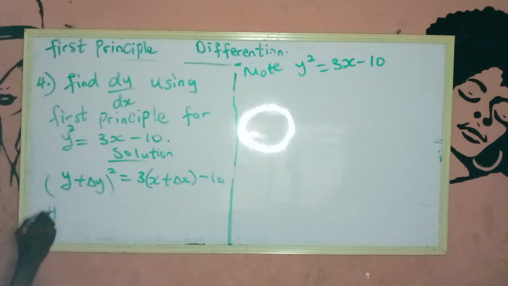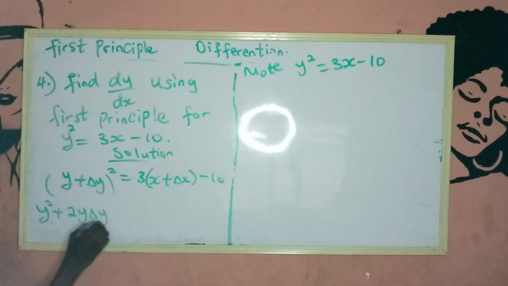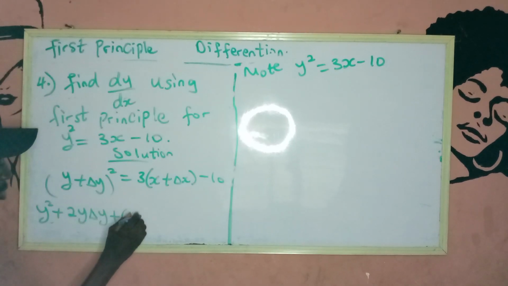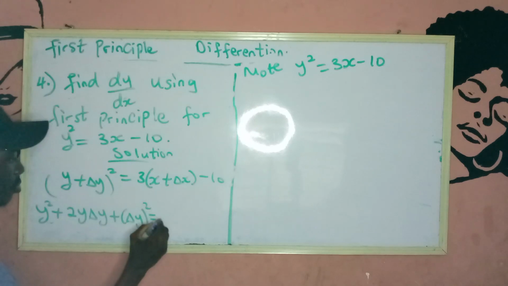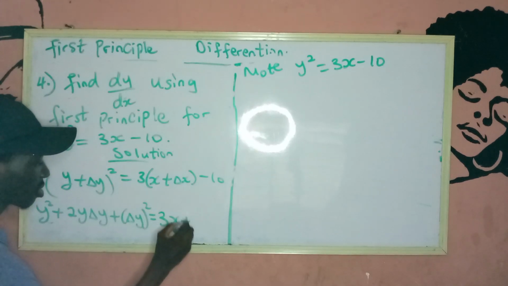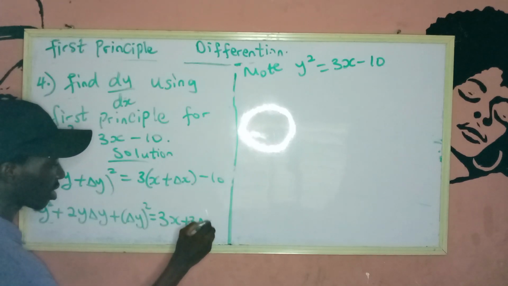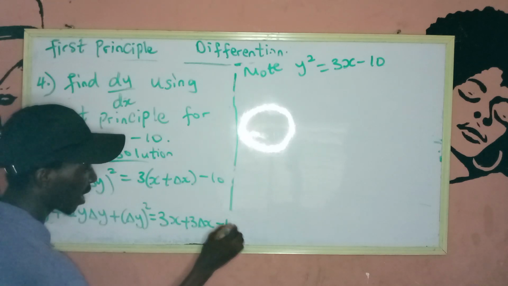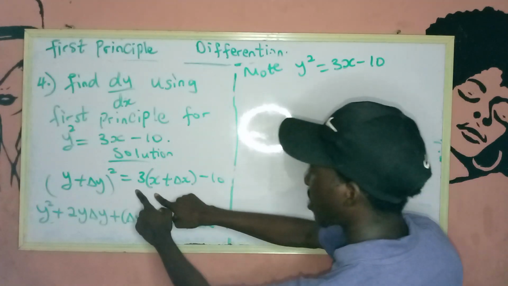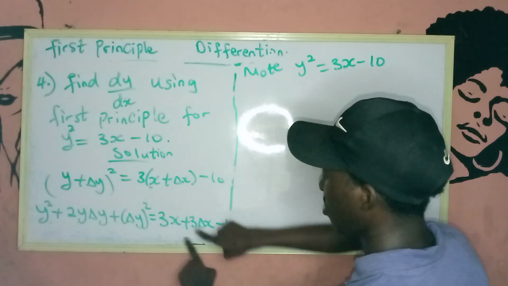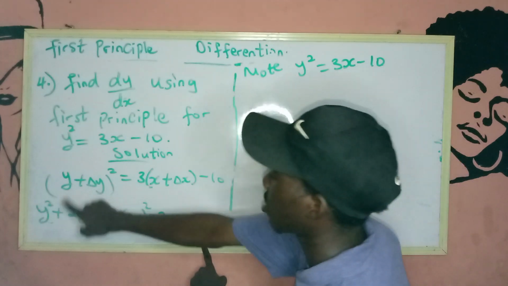Then the left hand side becomes y squared plus 2y change in y plus change in y squared is equal to 3x plus 3 change in x minus 10. That will be the what? 3 times x is 3x, 3 times this is 3 change in x, minus 10, and you expanded this.